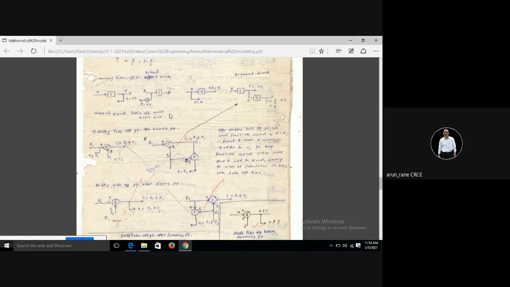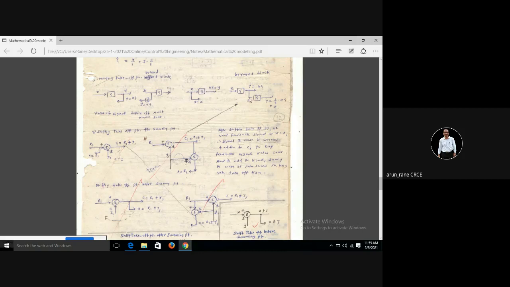Now suppose if it is beyond block, you have to move takeoff point beyond block. Yes, sir. Beyond block. Beyond means ahead. So now earlier my takeoff is here. So y is equal to x. Output is y is equal to xg.